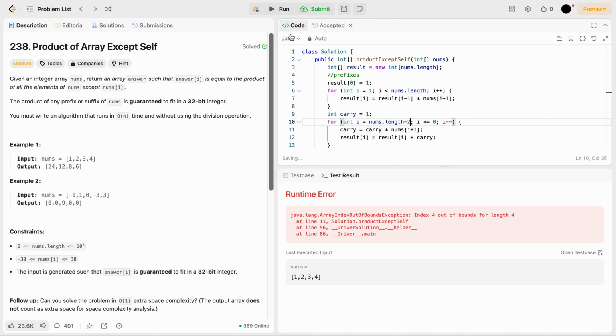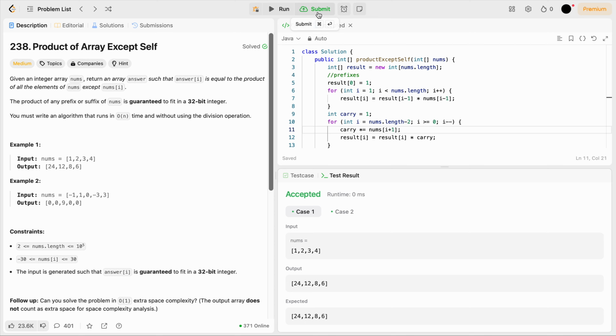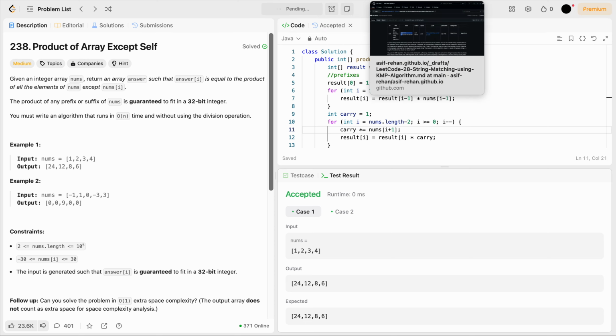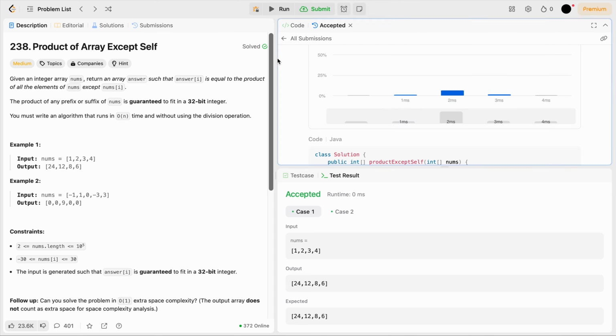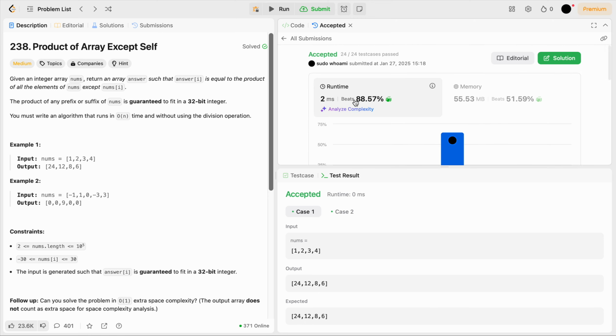It should be 2. Yep, it passed. Yeah, it actually passed. Great.